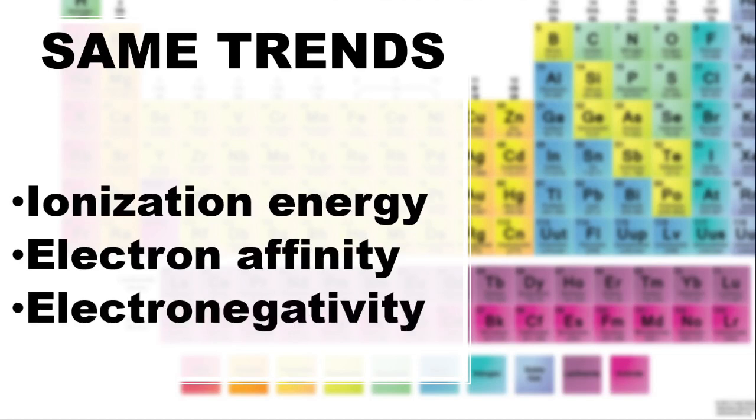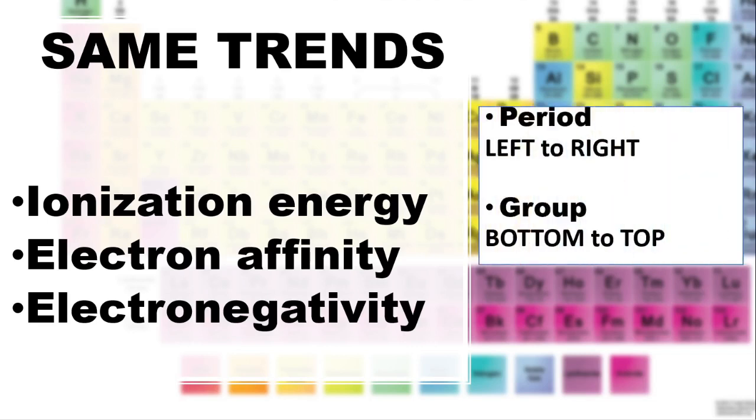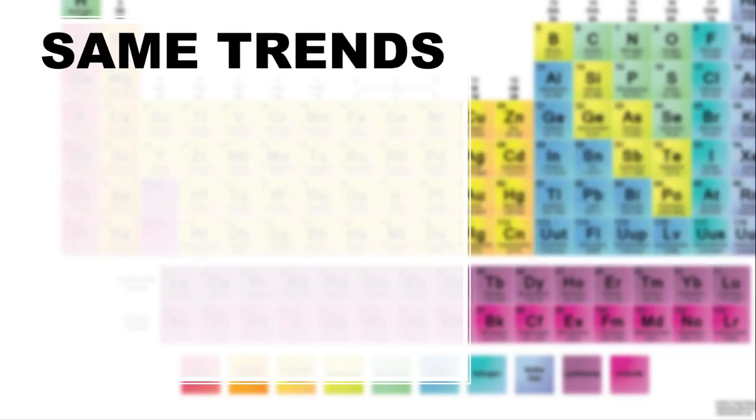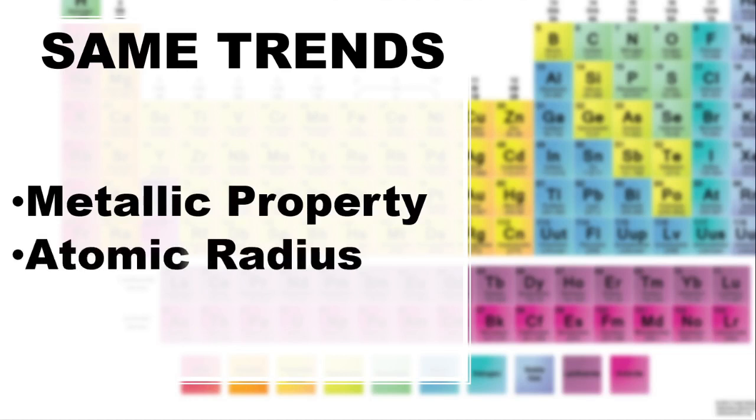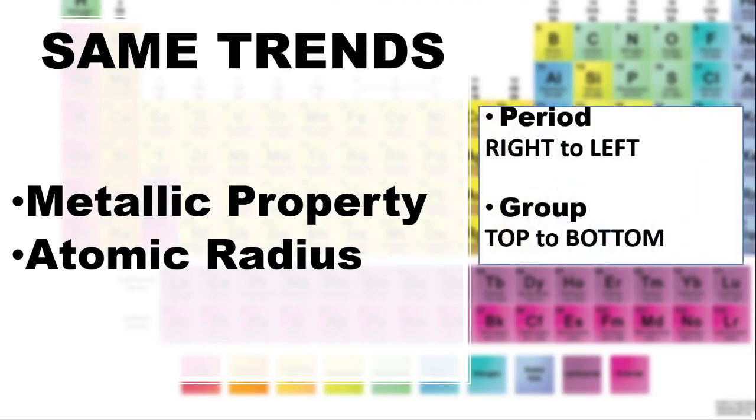And the pattern for these trends is for period left to right, and for the group bottom to top. The other periodic trends with the same pattern are metallic property and atomic radius. And the pattern will be for the period right to left, and for the group top to bottom.